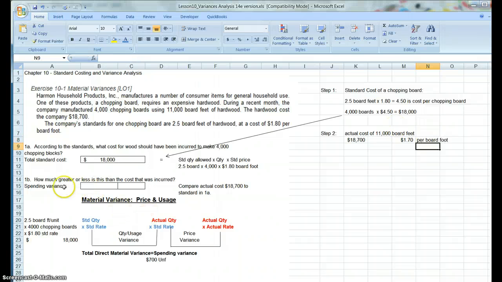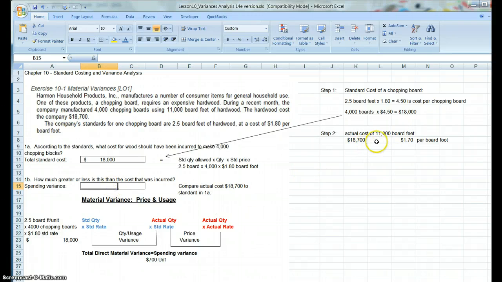So how much greater or less is this than the cost that was incurred? Well, they're referring to the $18,000 that was the standard. So in essence, we spent $18,700 for those 11,000 board feet.